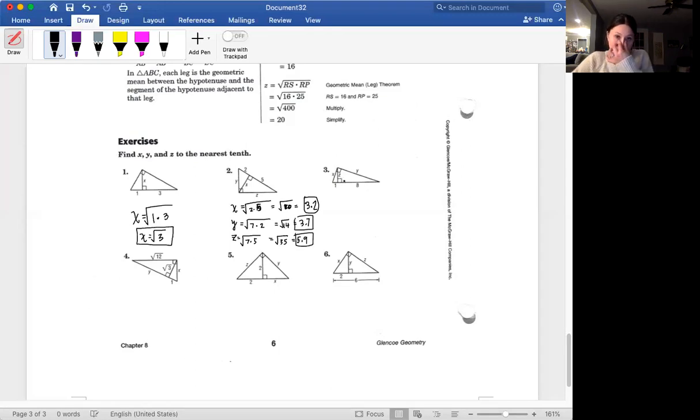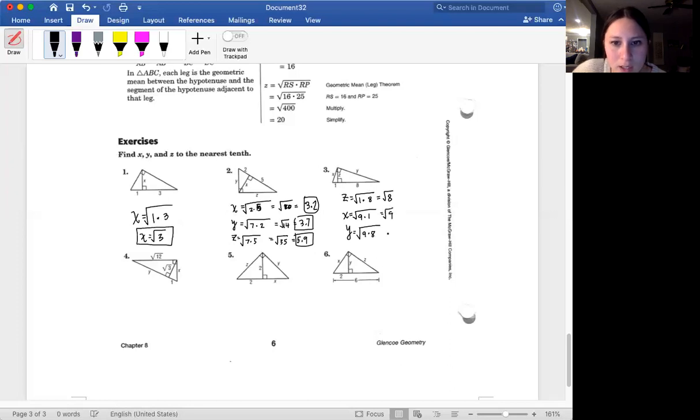Number 3. Z is the geometric mean of 1 and 8. X is the geometric mean of 9 and 1. And y is the geometric mean of 9 and 8.